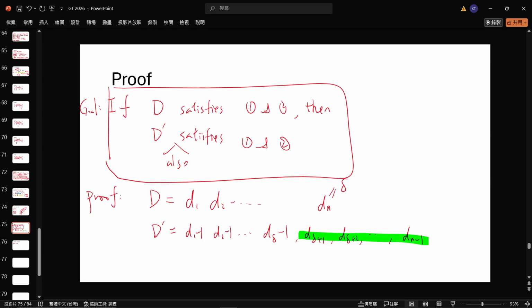So 对，所以为什么？ Exactly. So because every degree is reduced by at most 1. So if originally the degree is at least 2, then after we modified, the degree is at least 1.